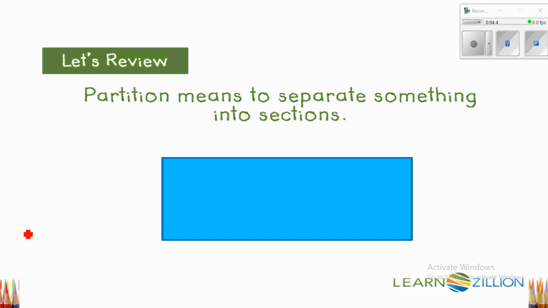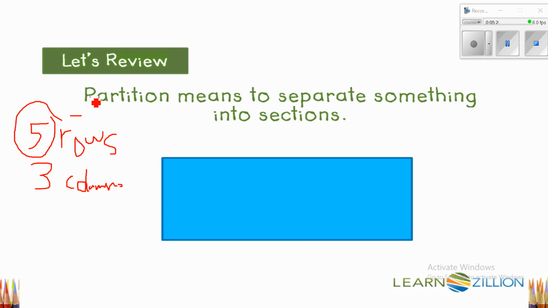So if I want to partition this rectangle into, for example, 5 rows and 3 columns, I have to take the number of rows minus 1.